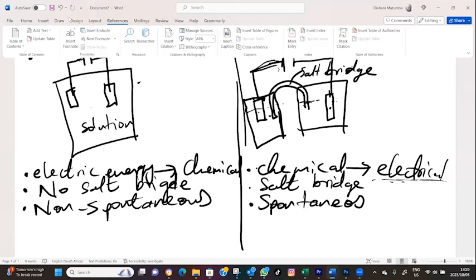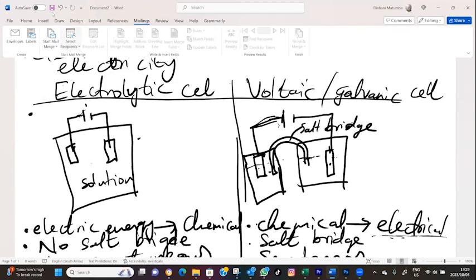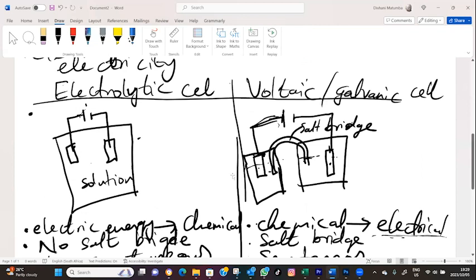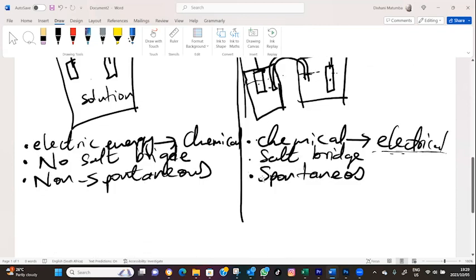All right. The next point is the electromotive force, or the EMF. For the electrolytic cell, EMF is always negative.